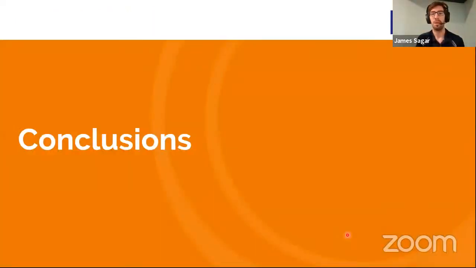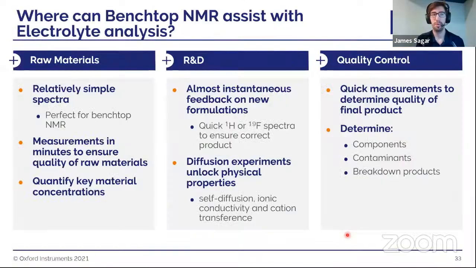So just to conclude, where can benchtop NMR assist with electrolyte analysis? Well, in terms of raw materials, we have relatively simple proton spectra, perfect for benchtop NMR, that allow us to measure in minutes the quality of our raw materials, whether that's our raw material solvents or whether our raw material salts or additives.